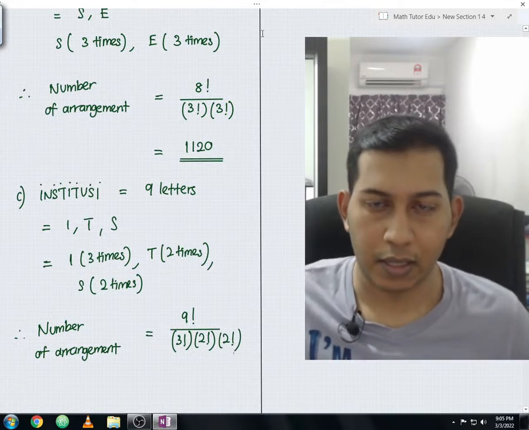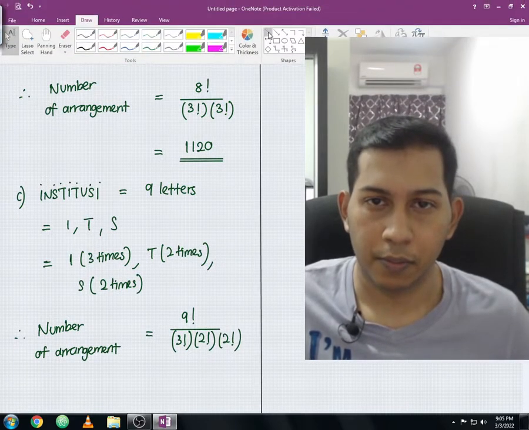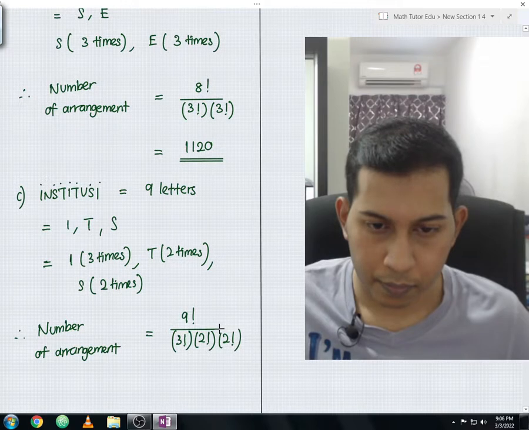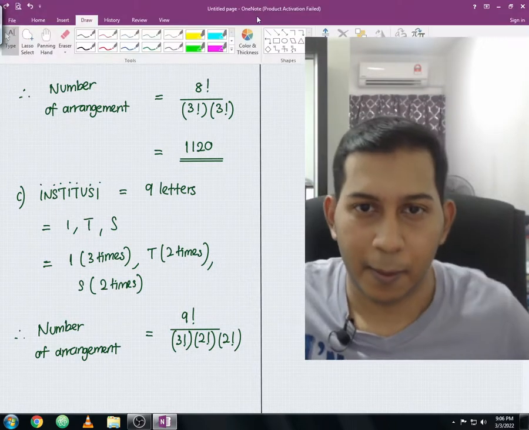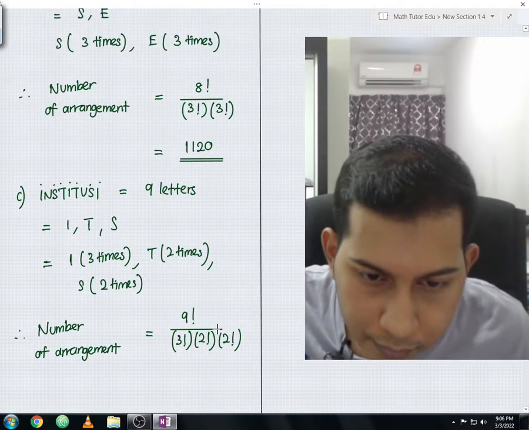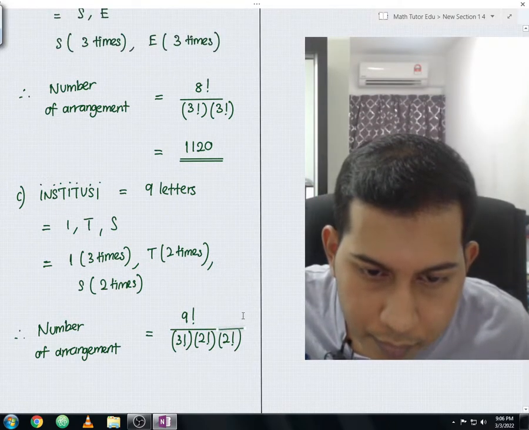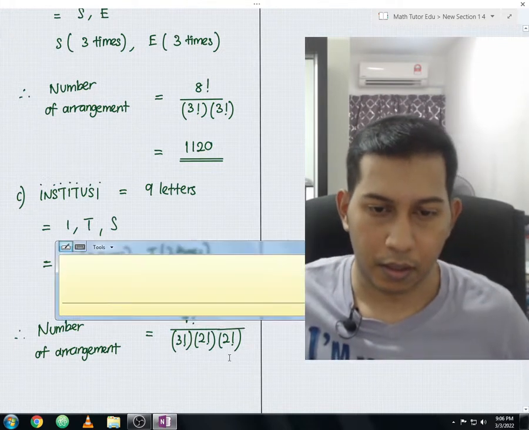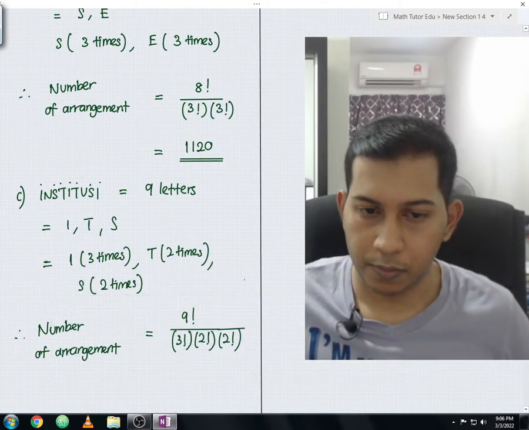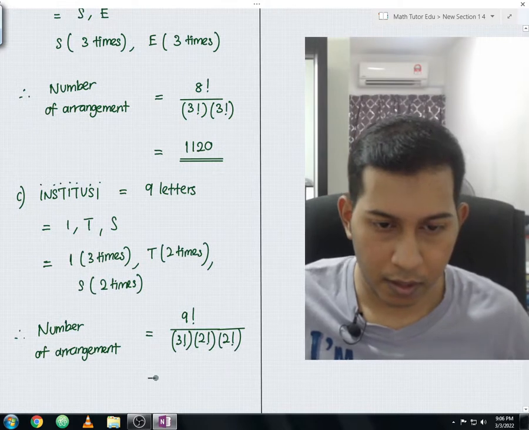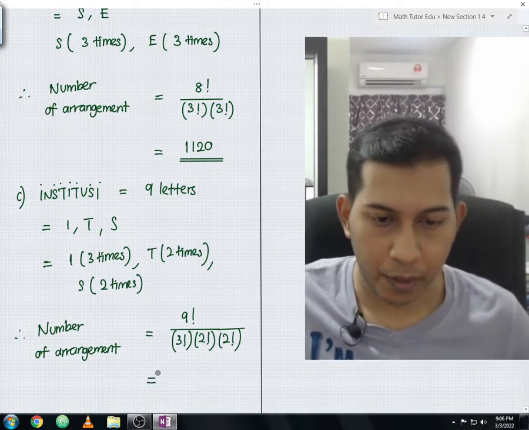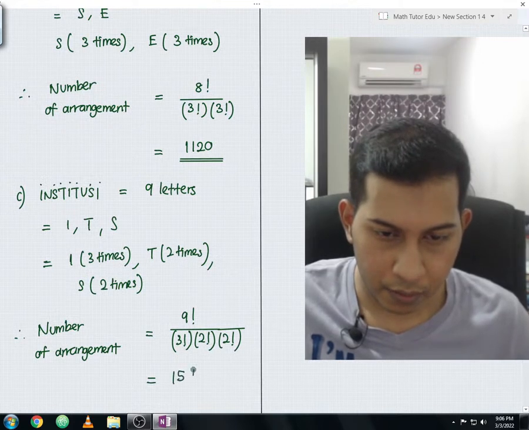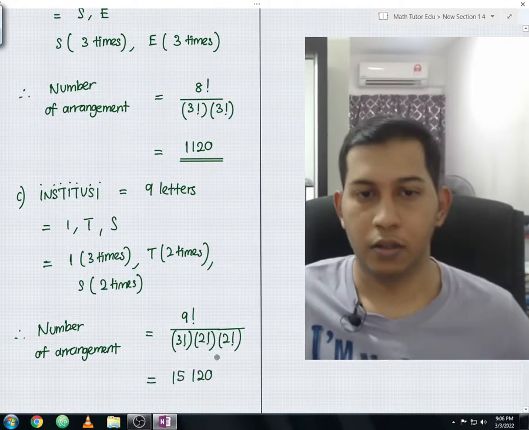Let me extend the fraction line. Oops, it's not perfect. So from here you calculate this, and your final answer will be 15,120 arrangements.